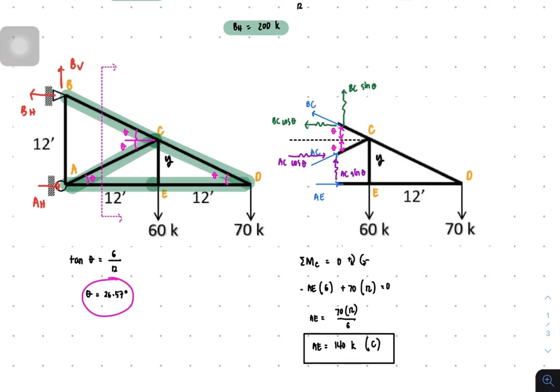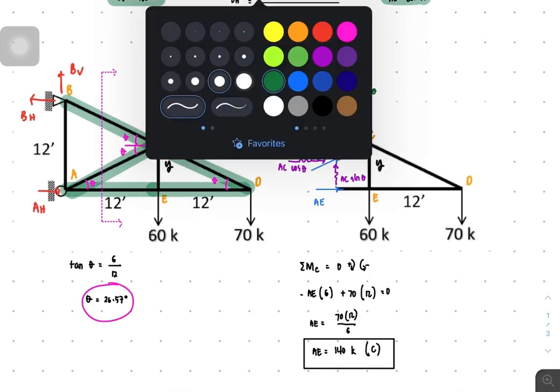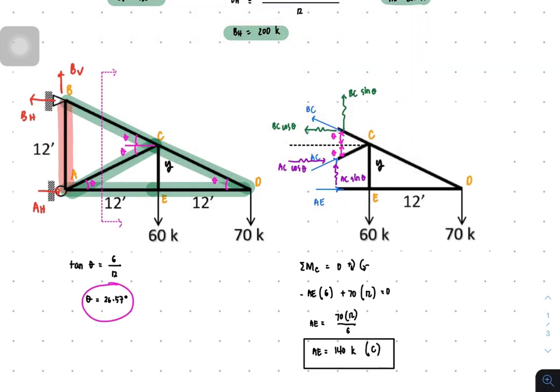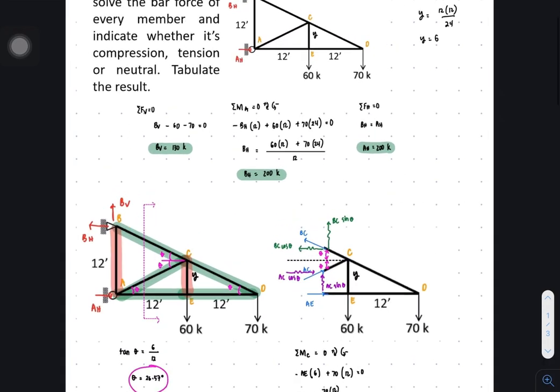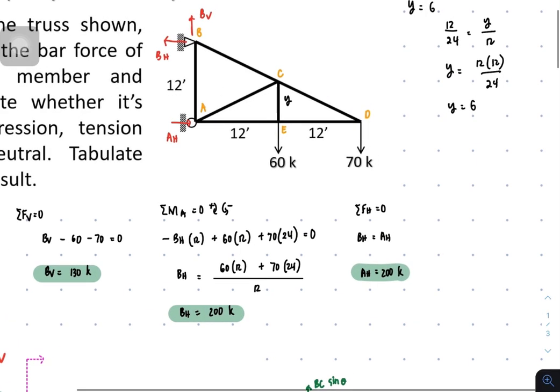So what we're going to do now is we will be solving for this portion, this one and this. So with that, we can actually just cut. We will cut through the section. So I'll make another section.